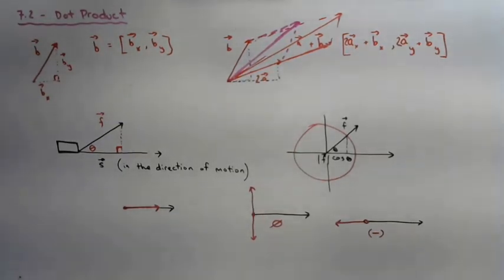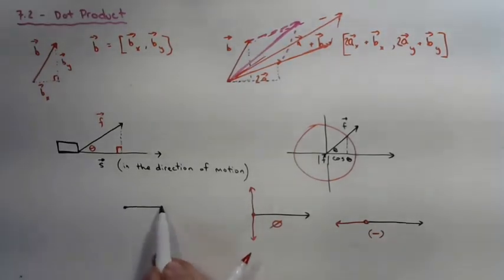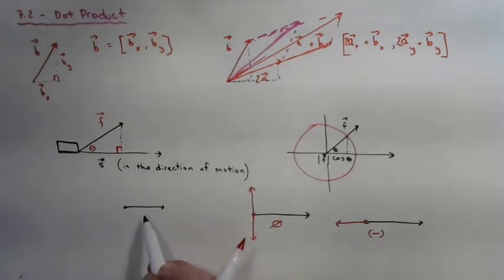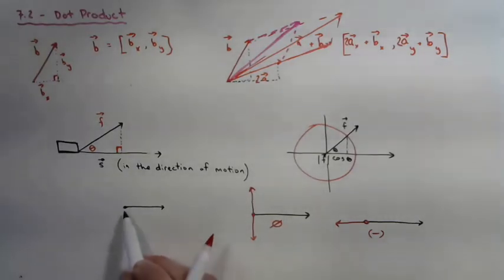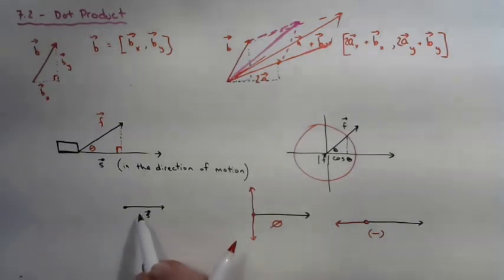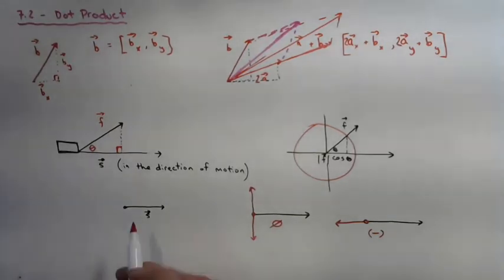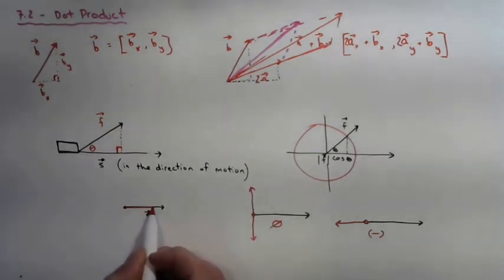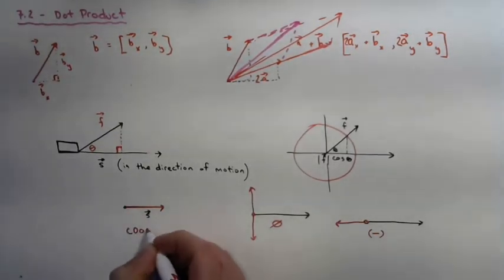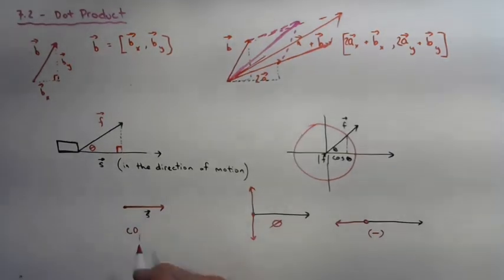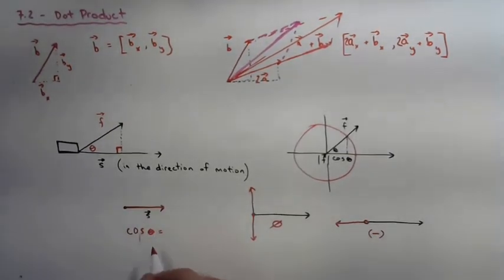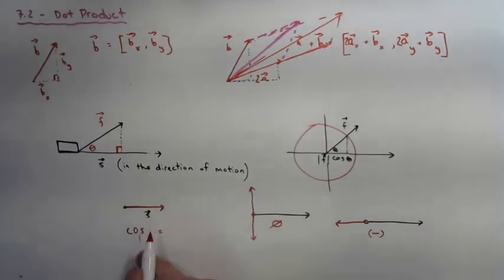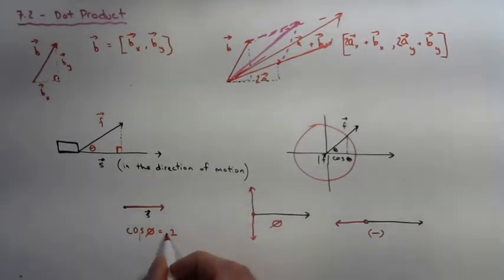Now, let's look at this one for a second. One more quick diagram. Let's say that the displacement is only going to be 1 unit. So the magnitude of my displacement is only 1 unit, okay? And I'm applying force exactly in that direction. Well, now it's really easy to see because the cosine of theta, when theta is 0, so the cosine of 0 is 1.